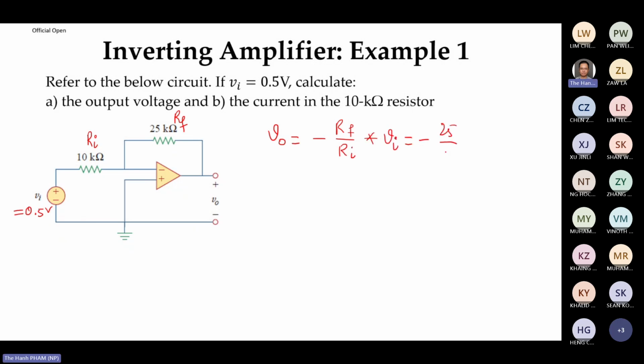So this one is minus 25 times 10 times 0.5. Correct?